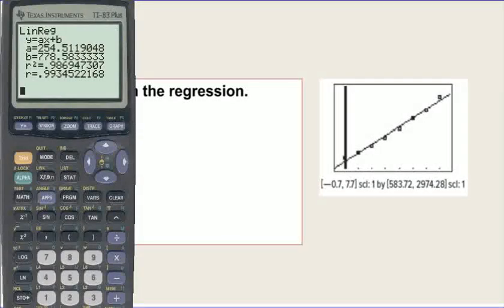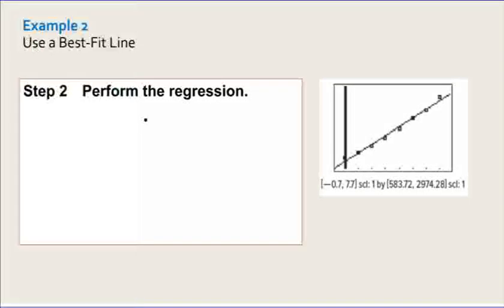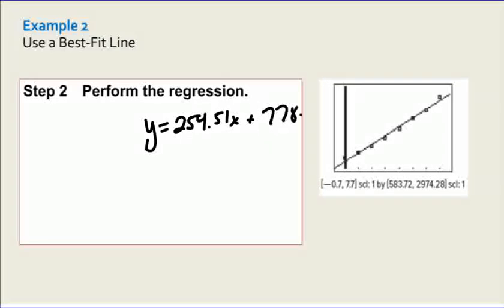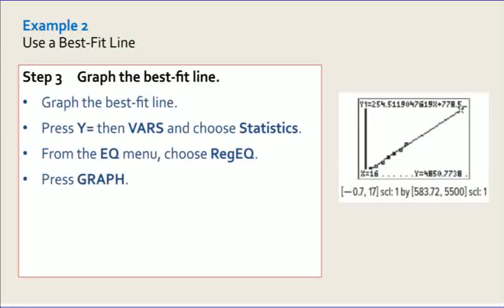We're going to have y equals 254.51x plus 778.58. So that would be our regression equation line. And now it says we need to put that line in there. So we're going to graph that. To do that, you're going to hit y equals.